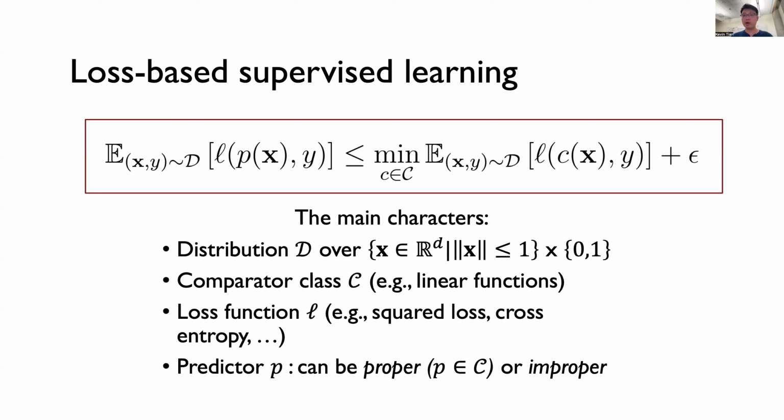And finally, our goal is to learn a predictor P, which takes in the features and outputs a prediction. And in particular, if our predictor P belongs to this family script C, then we call it a proper predictor, and otherwise it is an improper predictor. And our goal is to compete against the best possible predictor in script C, up to an error of possibly epsilon.